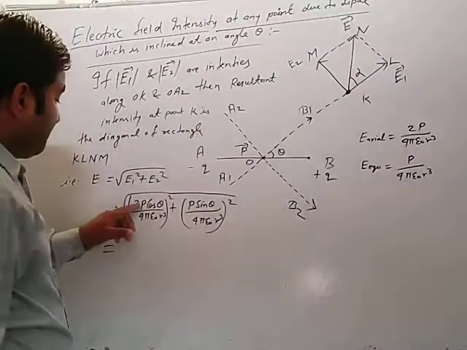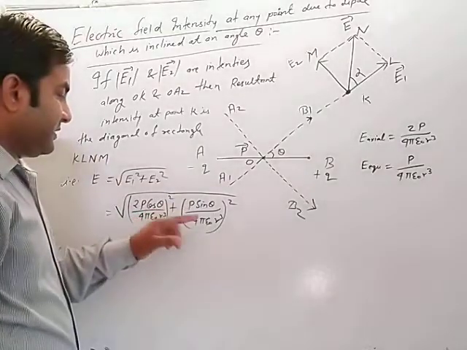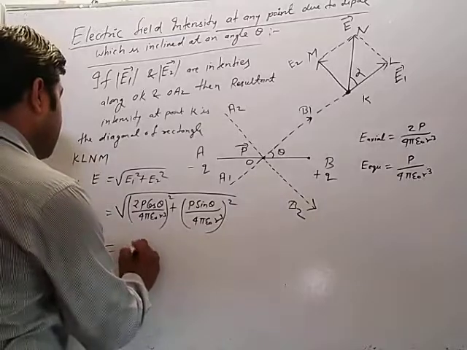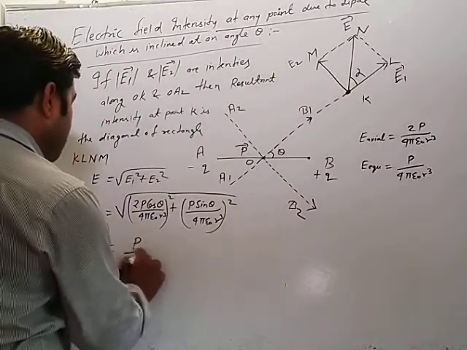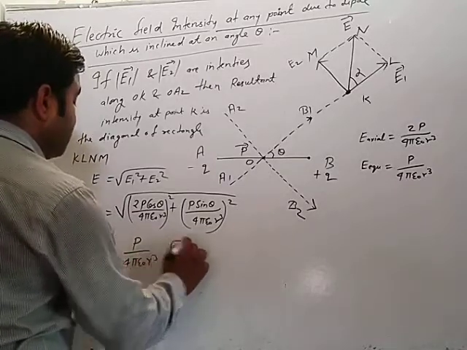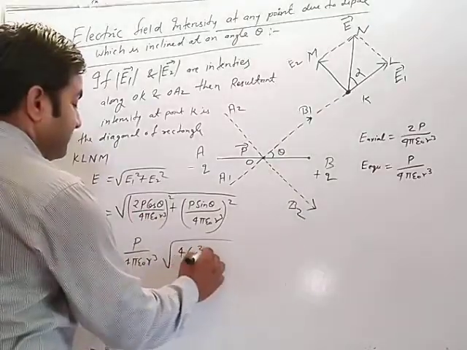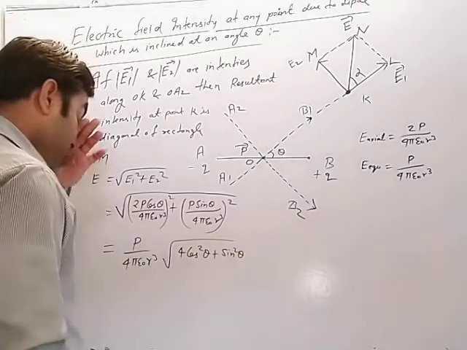Let's see, p upon 4 pi epsilon naught r cube is common, taken out of the square root, then 2 to the power 4, cos square theta and sin square theta will remain in the square root.